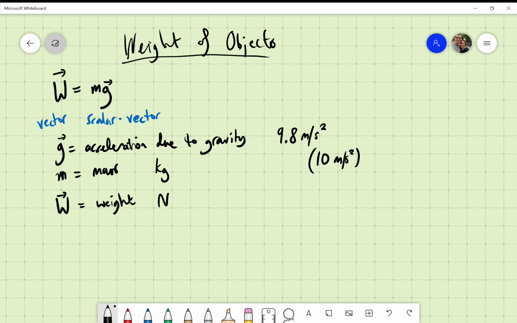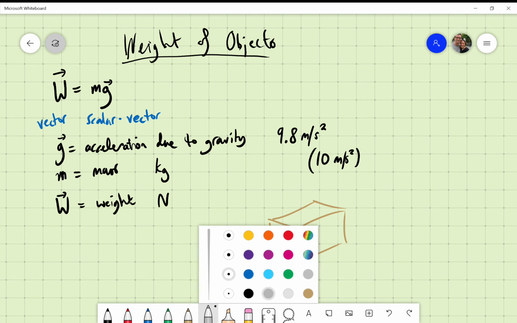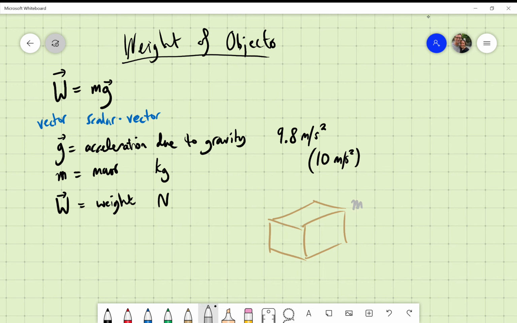So here's what we do with this. We have one of our ubiquitous boxes. Stop auto-correcting me. And we say this box has a mass of 50 kilograms.